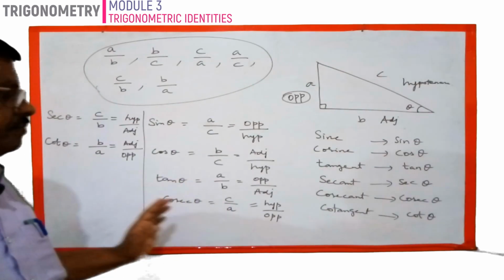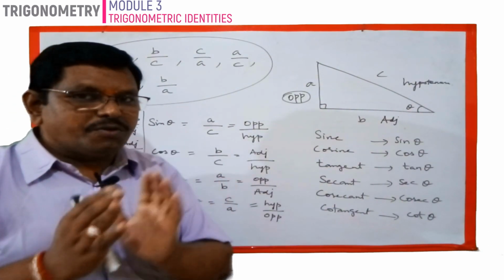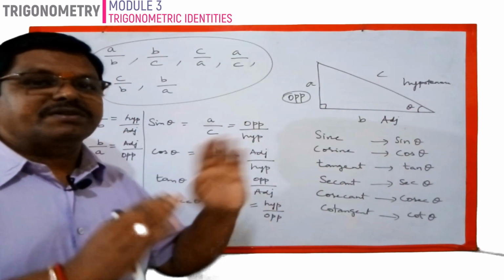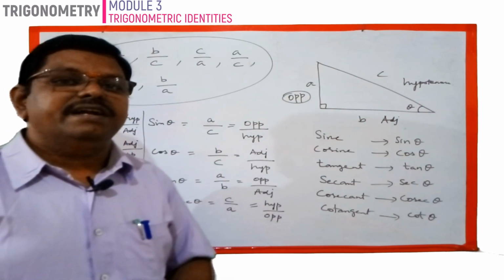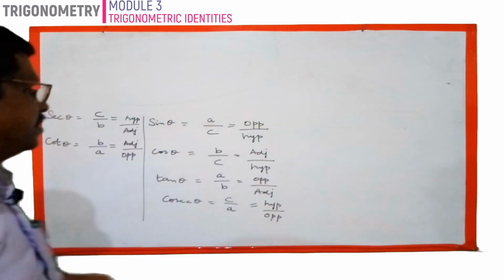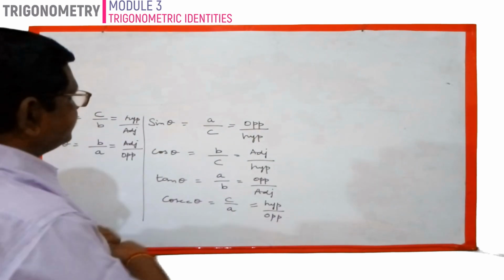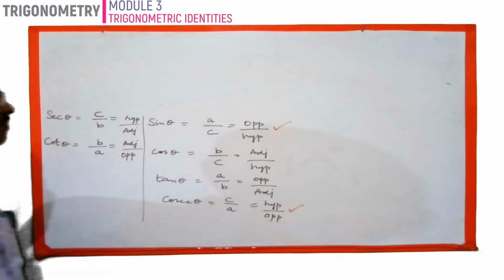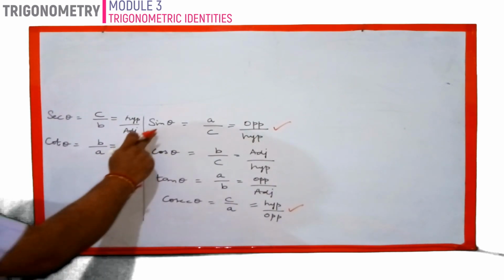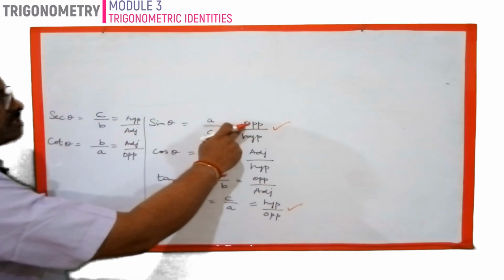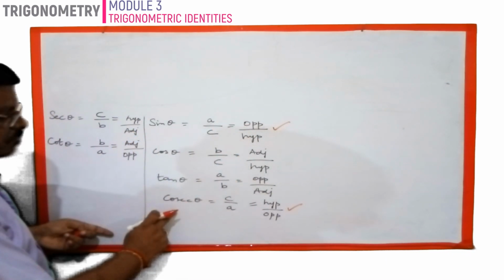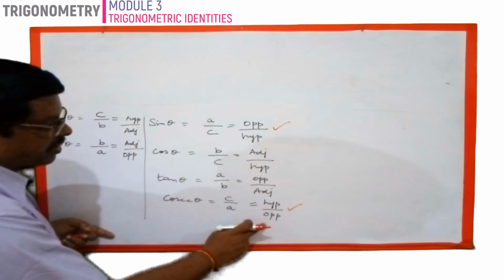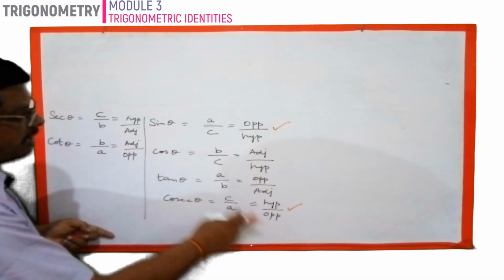Okay, and now we are going to find the relationship among all 6 different trigonometric ratios. Now take sin theta and cosecant theta, check them. Here sin theta is nothing but opposite side by hypotenuse, whereas cosecant theta is nothing but hypotenuse by opposite side. These both have some relation.